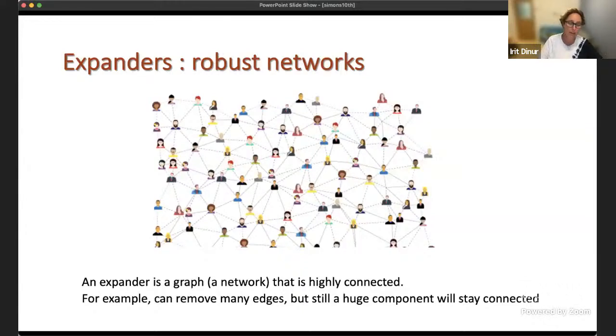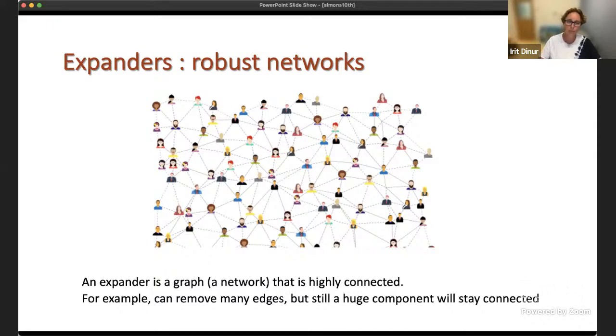And this is an expander graph. Highly connected means that there's no way you can take a bunch of vertices and cut them away from the graph without having to cut many, many, many edges. So it's not only a connected graph, it's robustly connected. And this is the most straightforward way in which we think about expander graphs.